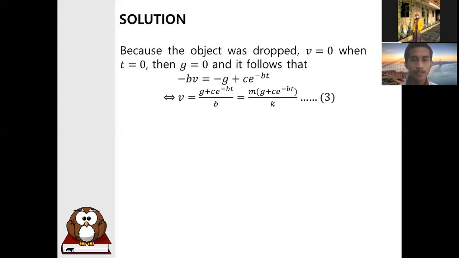Because the object was dropped, v equals 0 when t equals 0, so it follows that minus bv equal to minus g plus c exponential of minus bt. So we get v equal to m over k times g plus c exponential of minus bt.